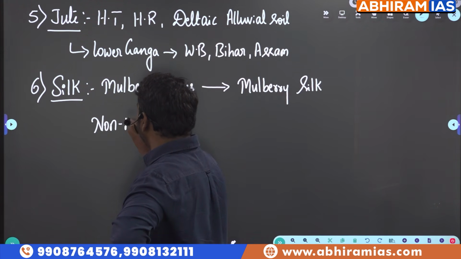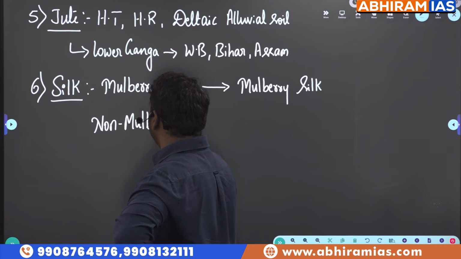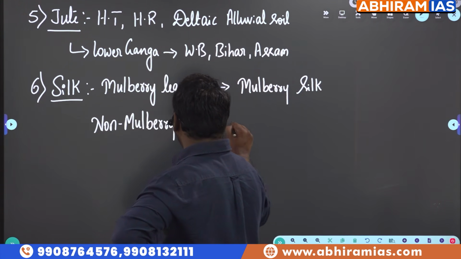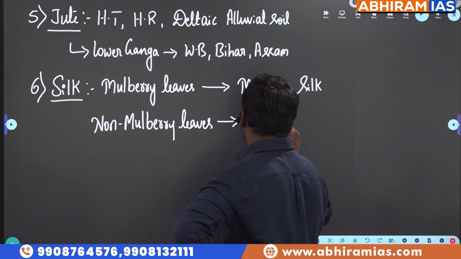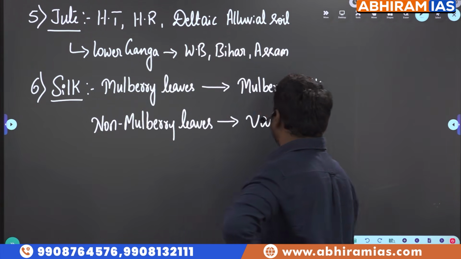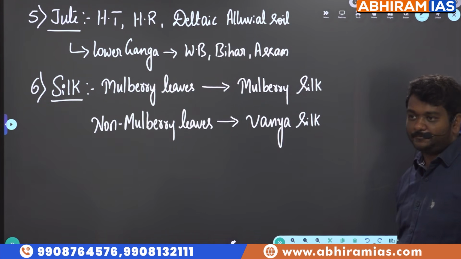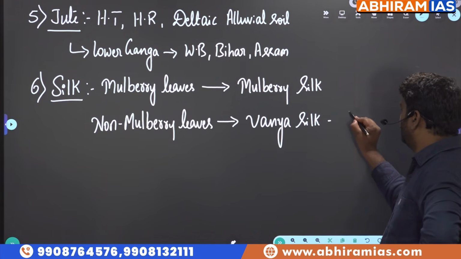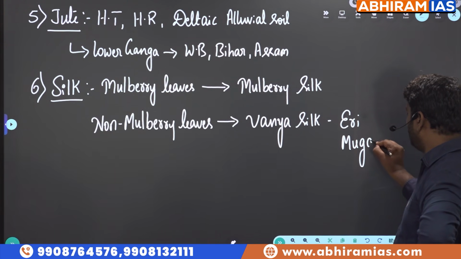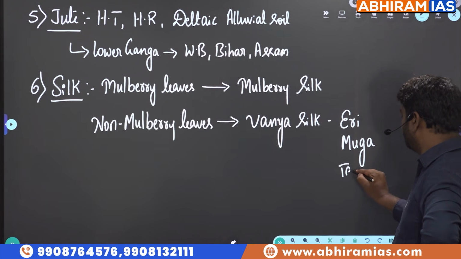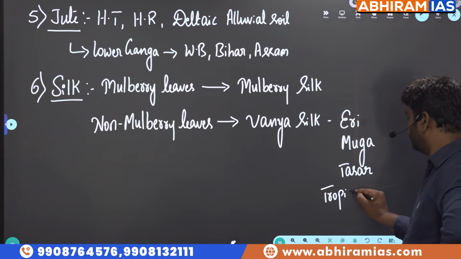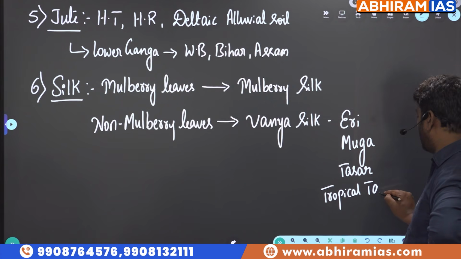If they consume non-mulberry leaves, it is called Vanya silk. Types of Vanya are Eri, Muga, Tasar, Tropical Tasar.